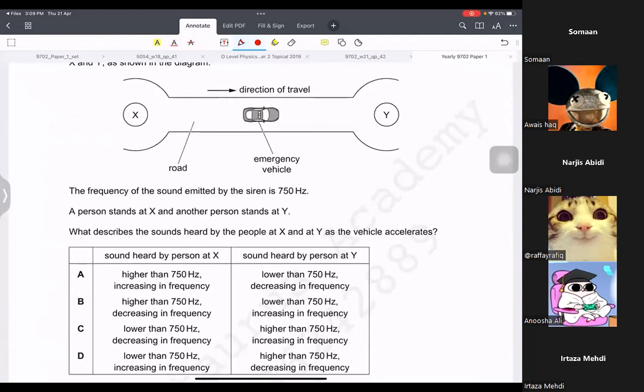Okay, so a person stands at X, a person stands at Y. So its frequency is this. So X will hear lower frequency, and Y would hear higher frequency. But the vehicle is accelerating. Accelerating means that its speed is increasing at every point.